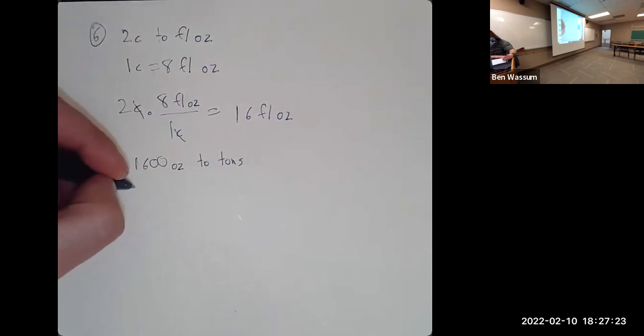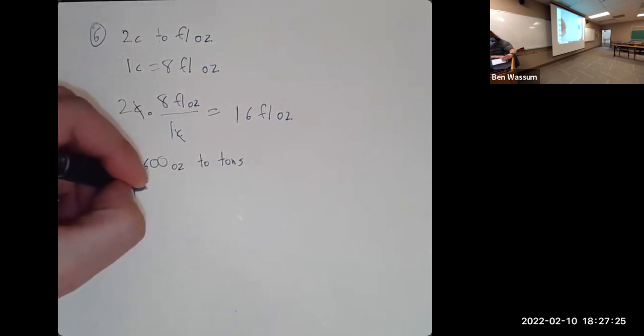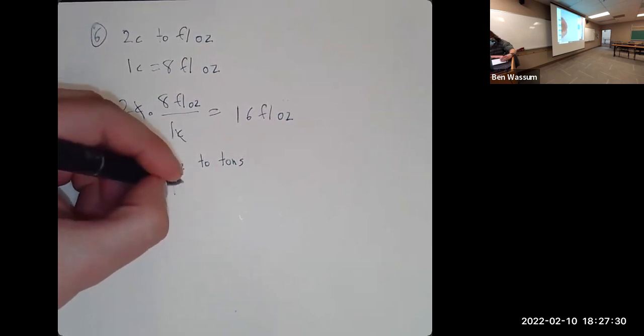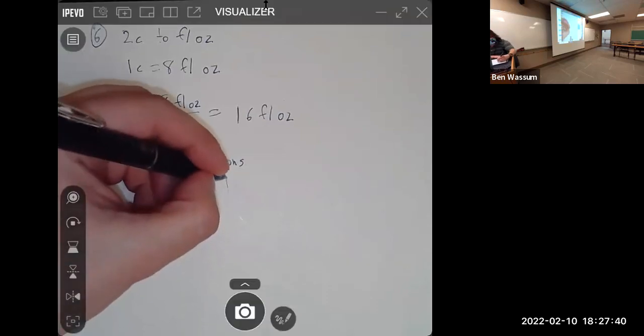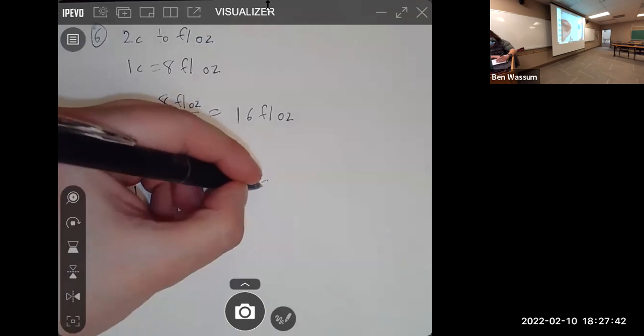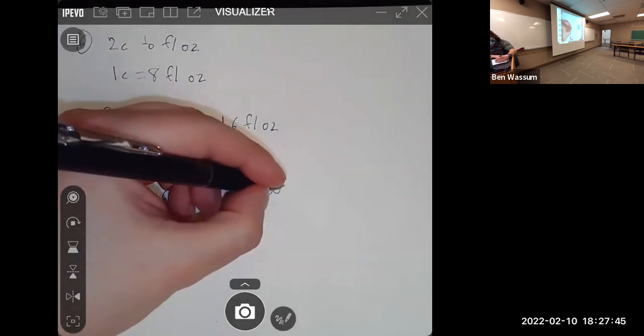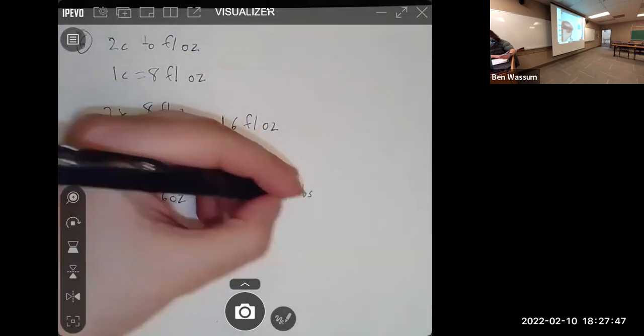In this case, we know that 1 pound is 16 ounces. Right, 16. And 1 ton is 2,000 pounds.